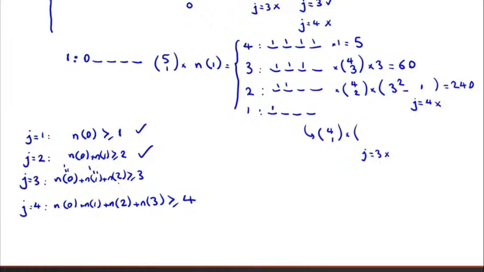It is 1, so N2 should be 0. So when N2 is 0, we can fill the other parts with only 3 and 4. So it will be 2 cubed minus the case that J3 is satisfied, but J4 is not satisfied. Because J4 is not satisfied, J3 is satisfied, it should be 3 and it should be 0. So because we know n1 is 1, n2 should be also 1 because J3 is satisfied.